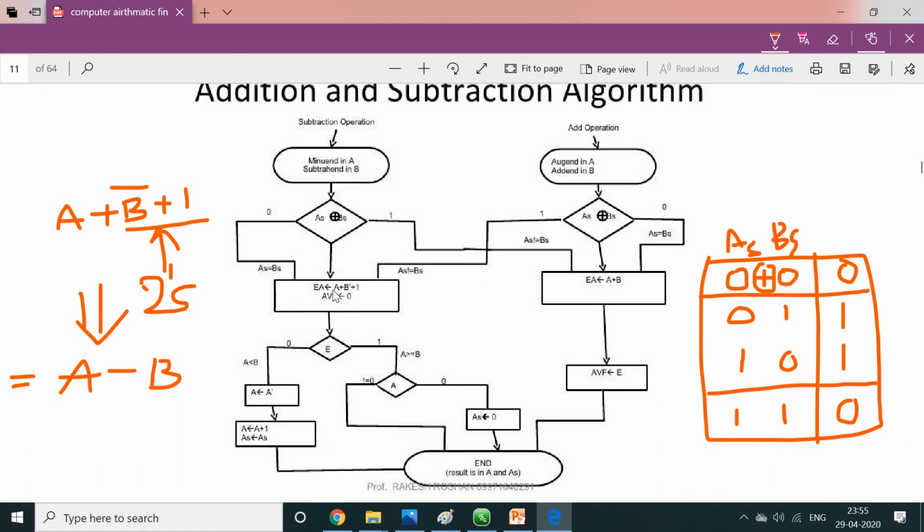After performing the subtraction operation, we check one more very important field, the E bit. After addition operation, the result is possible in two cases: a positive number or a negative number. Sometimes if we add 5 bits and 5 bits, for example A is 5 bits and B is 5 bits, the result consists of 6 bits.